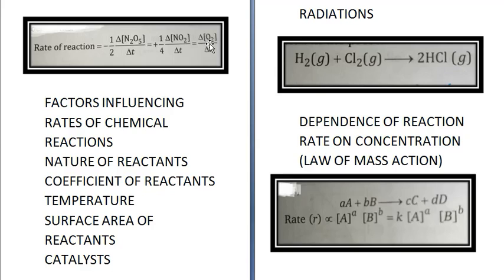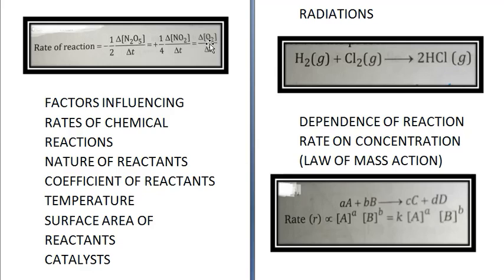It means that the rate of reaction is temperature dependent. Like if you increase the temperature from 5 degree to 15 degree, the rate of reaction can become 2 times or 3 times the initial rate of reaction. So it increases with increase in temperature for most of the reactions.